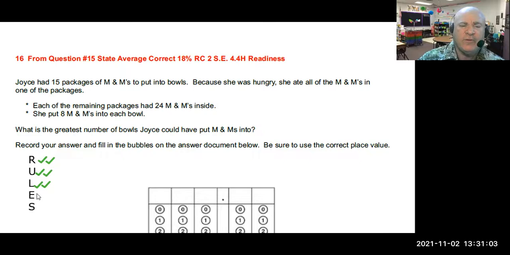Once we read, underline, and label, we'll begin to evaluate. Upper grades start to think, what strategy should I use? Then begin to execute. And what's going to happen is if it's multiple choice, then you will eliminate 3 answers. If it's open-ended like this, we will just execute.